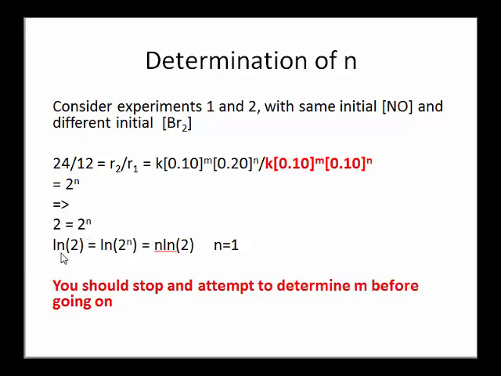The natural log of 2, then, the natural log of the left-hand side, is equal to the natural log of 2 to the n, the natural log of the right-hand side. And that is equal to n times the natural log of 2. Again, we can bring n out and make it a factor out front. So the natural log of 2 is n times the natural log of 2. n must be 1.